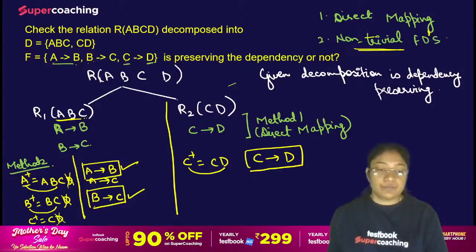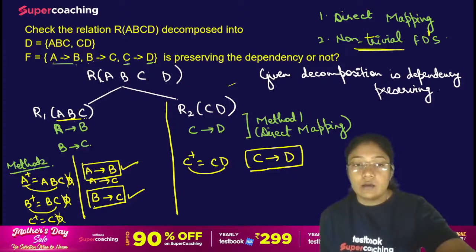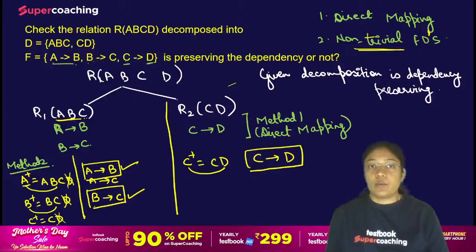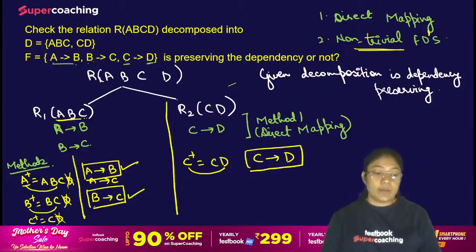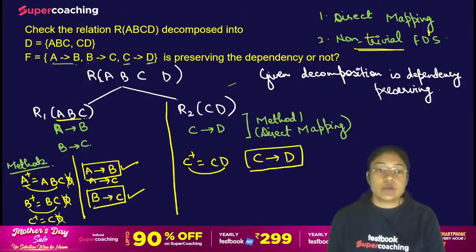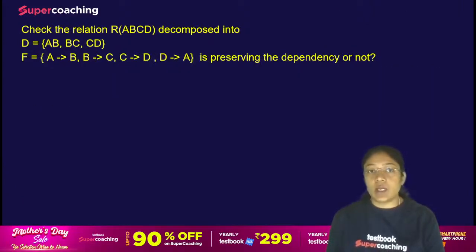Is it clear? Just let me give you one more question. First of all, quickly give me the confirmation if it's clear. We'll solve one or two more questions just to get the clarity. So here the relation R is decomposed into three sub-relations, R1, R2, and R3.